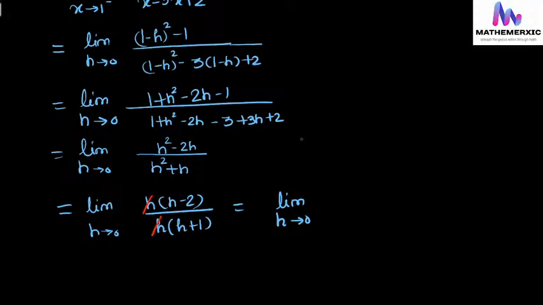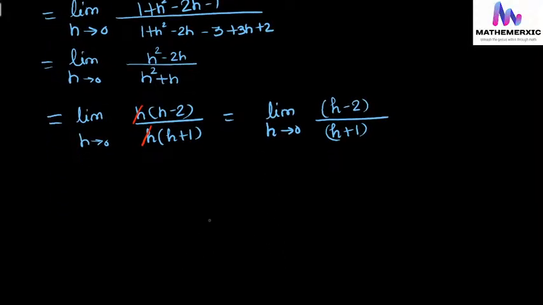And further this will be h minus 2 upon h plus 1. Whenever h tends to 0, this will lead to minus 2 upon 1, which is equal to minus 2. So the LHL value will be minus 2.